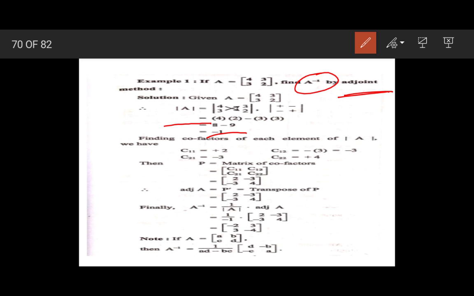Since the determinant of A is minus 1, it is not equal to 0, therefore A inverse exists. So step 1 is clear: the determinant is non-zero and hence we can find A inverse.